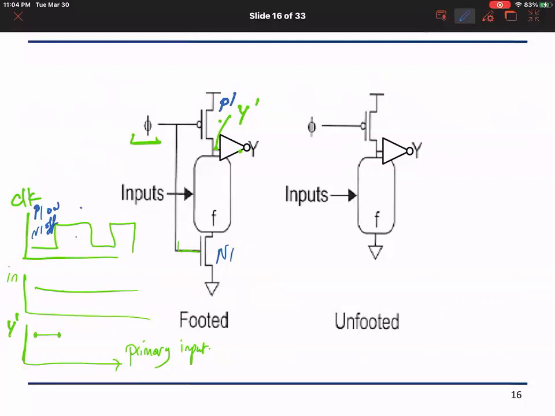Okay, so the other type doesn't have the footer transistor, so here we remove N1, and this is when the input is arriving from another domino gate.